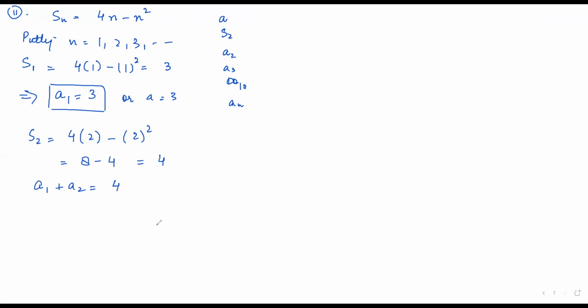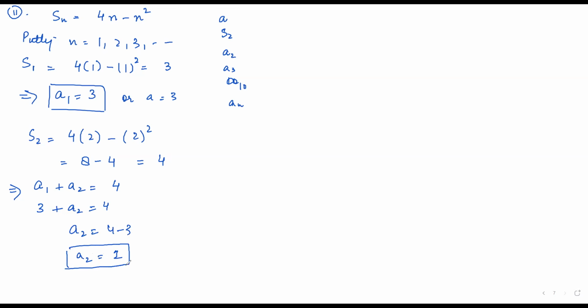Understood? This implies that first two terms is equal to 4. Now first term I've already found, that is 3 plus a2 is equal to 4. So that gives me a2 is 4 minus 3 and my second term is 1. So I've got my second term also. Clear?